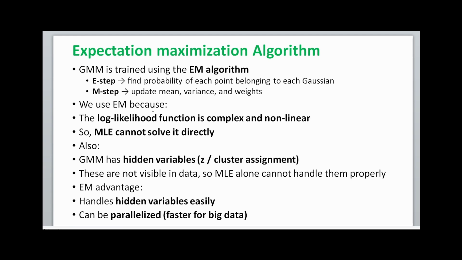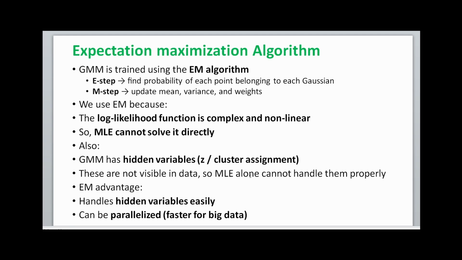We use EM because the log likelihood function is complex and nonlinear. So maximum likelihood estimation cannot solve it directly. Also, GMM has hidden variables. They are not visible in the data.